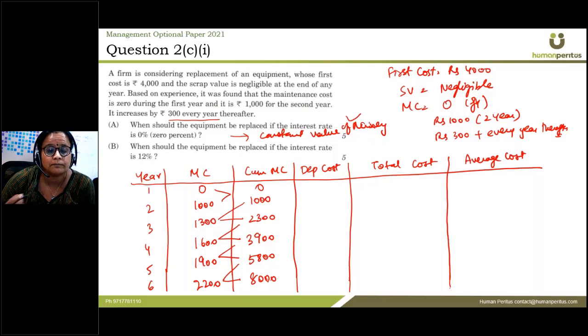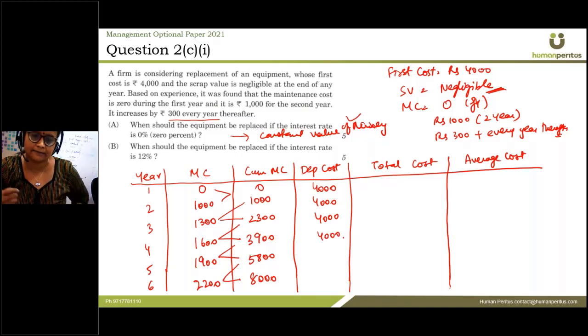Now what would be my depreciation cost? As the salvage value, the scrap value is negligible, the whole of the first cost would be taken as depreciation cost, right? So we'll be writing 4,000 for every year, because my salvage value, scrap value is given as negligible or 0.